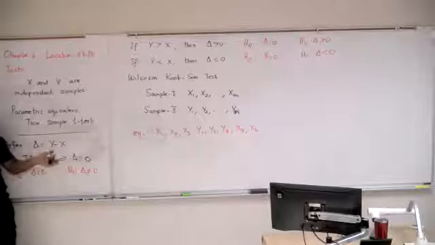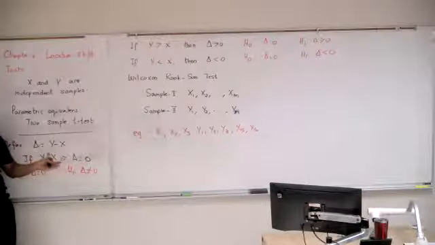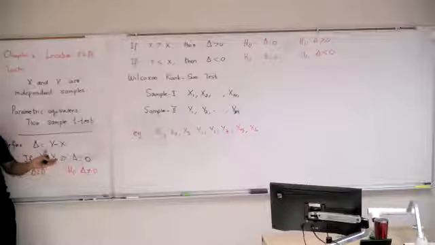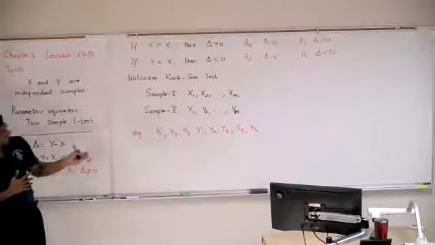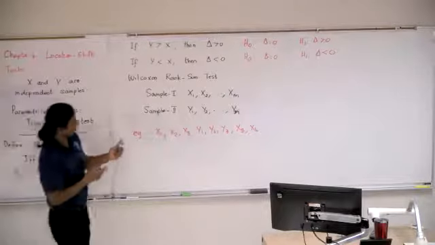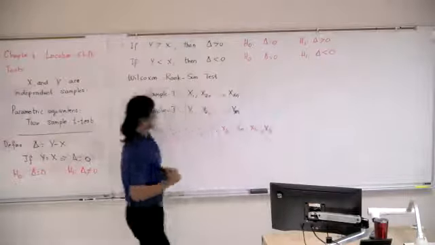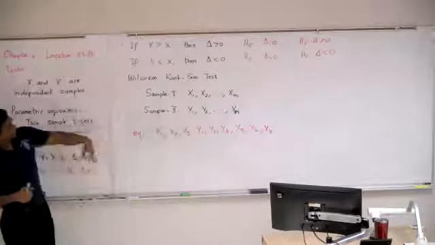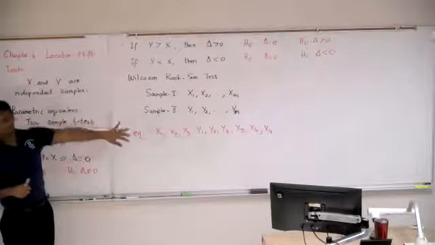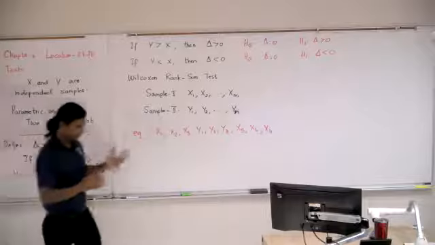How many X observations do I have? 5. You missed, I missed 4. How much? 5, 4, 6. And Y observations, Y1, Y2, Y3, 3.